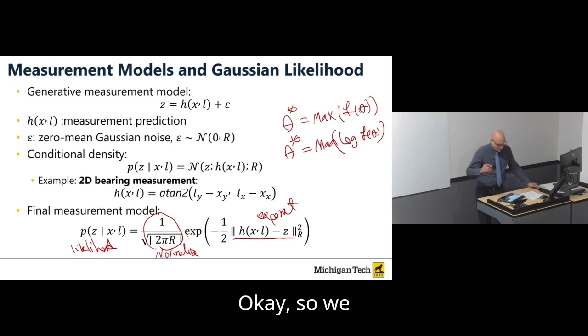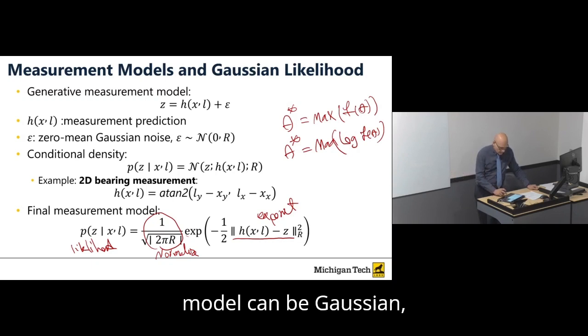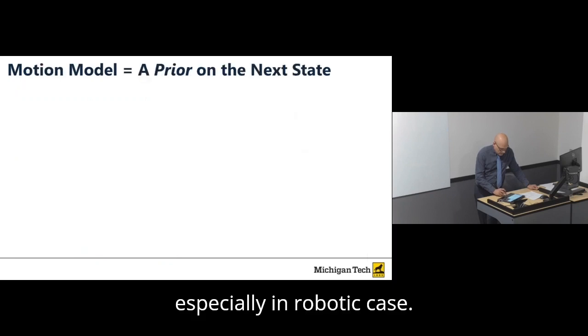Okay, so we already saw how the prior model and measurement model can be Gaussian, especially in the robotics case.